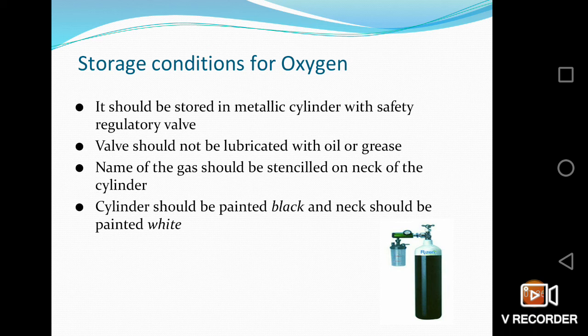The valve should not be lubricated with oil or grease. The name of the gas should be stenciled on the neck of the cylinder. The very specific storage condition for the oxygen cylinder is that the cylinder should be painted black and the neck should be painted white. This you can observe here in the image.